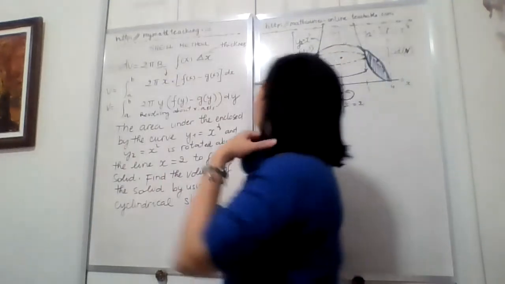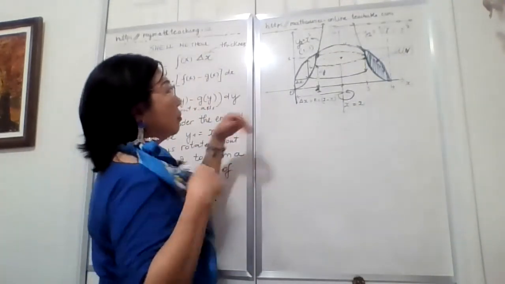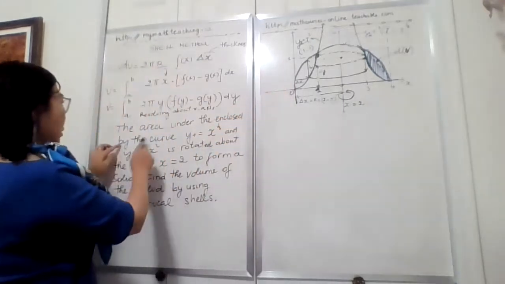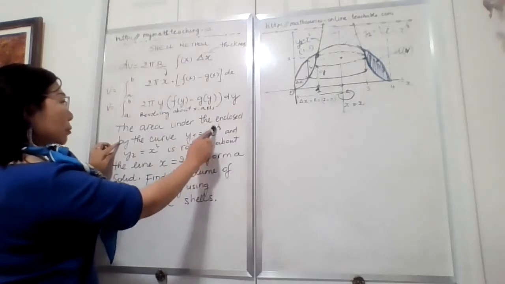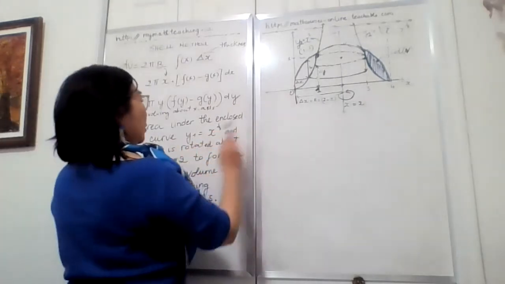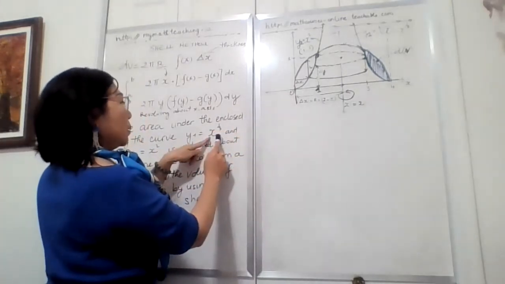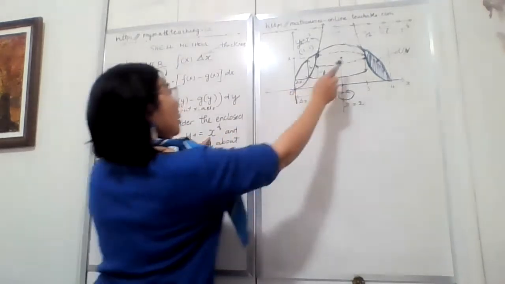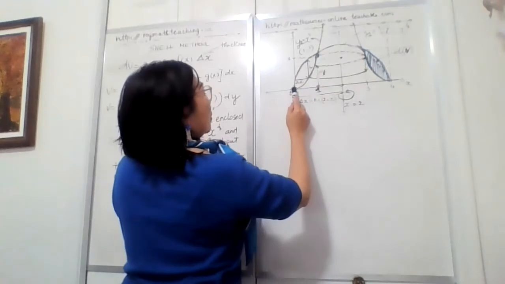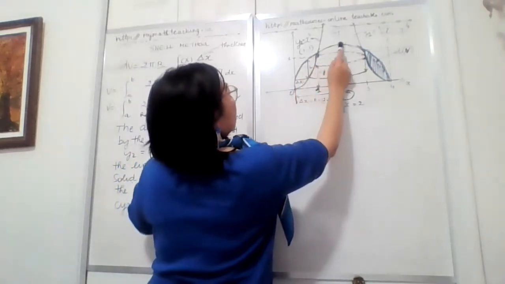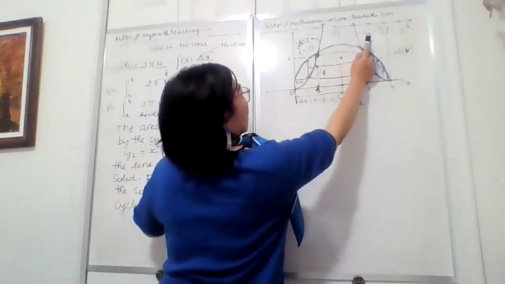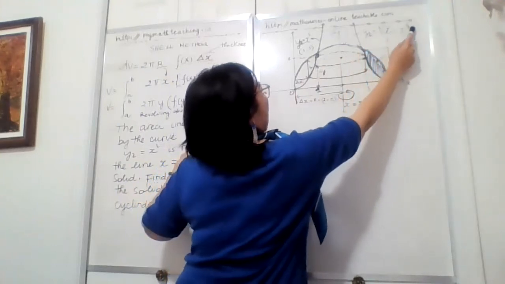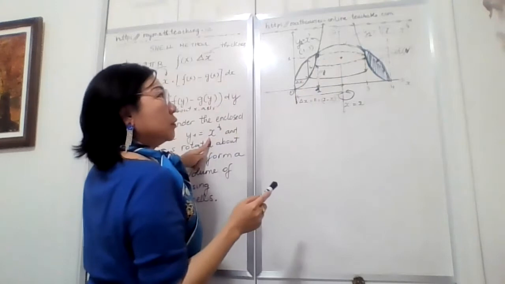So let's take a look at my right board here. I sketch the y1 function, and the y1 function is the third root of x, not the cubic, sorry. So this curve here is y1, the third root of x, or we can write x to the rational power 1 over 3.